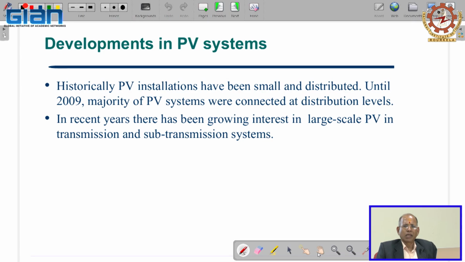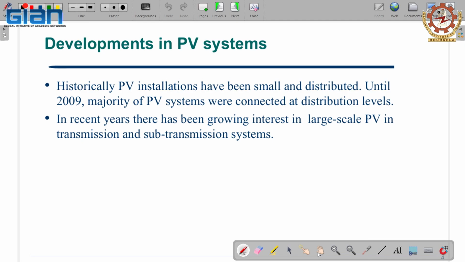If we see the development of PV installations, initially PV systems were small size and distributed. Until around 2010, the majority of PV systems were small size, connected at the distribution level.